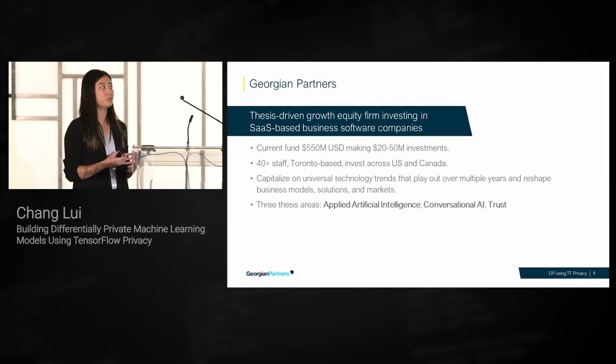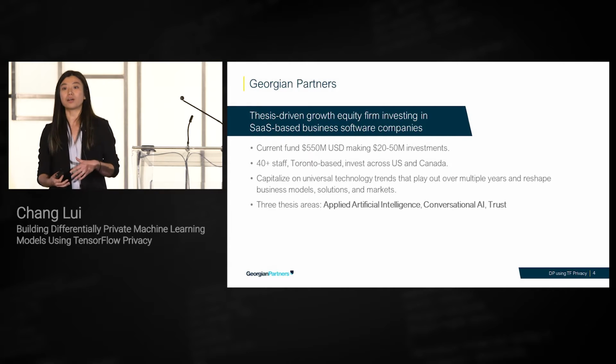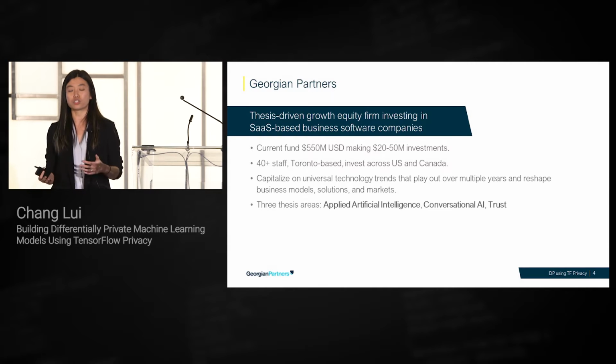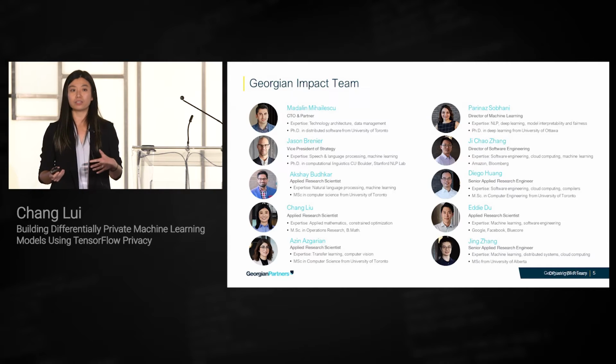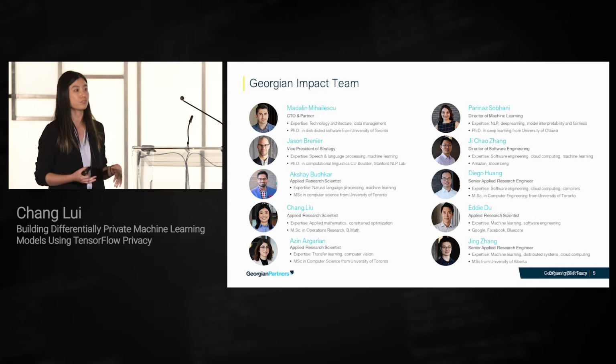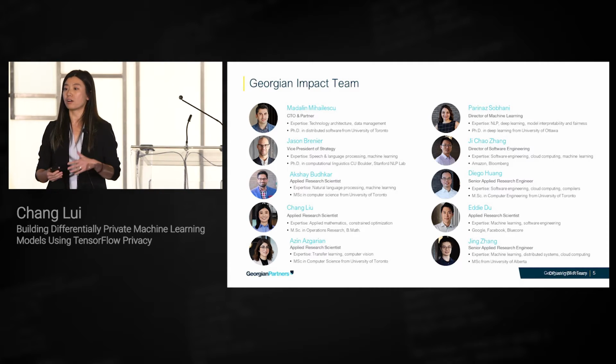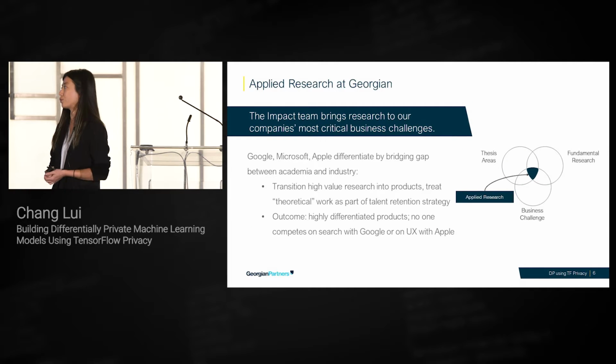What we do with our portfolio companies is engage with them and help them adopt these technology trends. And we do that with what we call the impact team, which is what I'm part of. We're a team composed of scientists and engineers, and we engage with our portfolio companies on different research projects, what we call applied research at Georgian Partners.